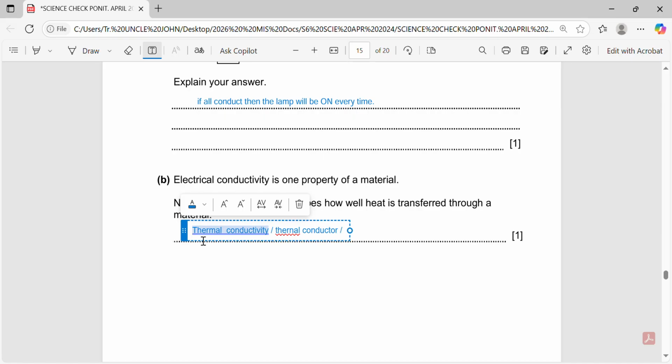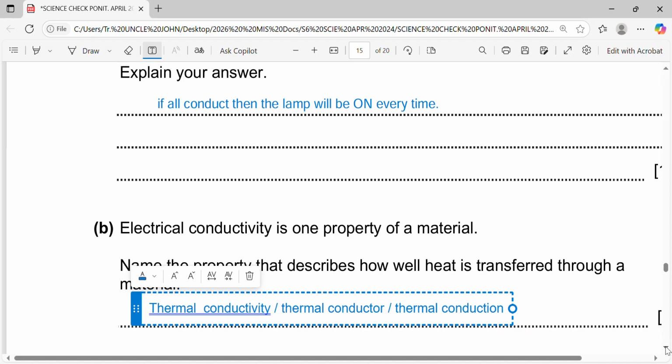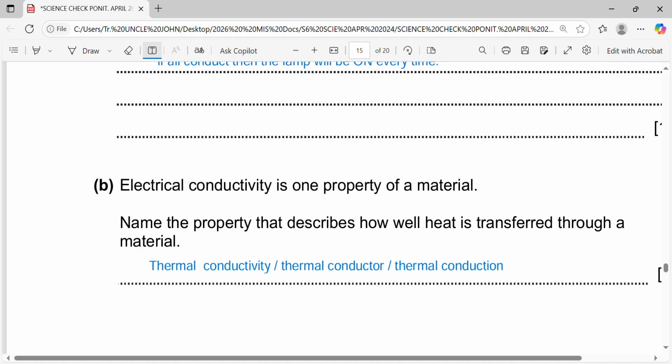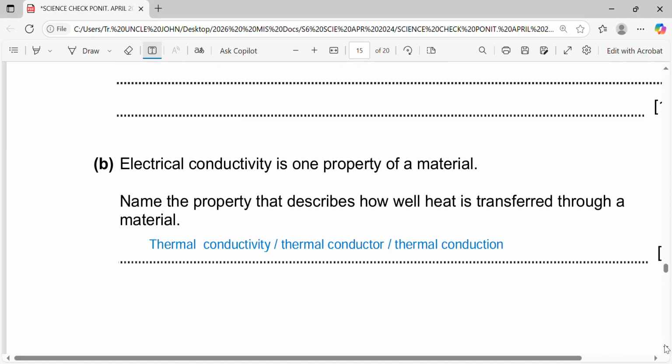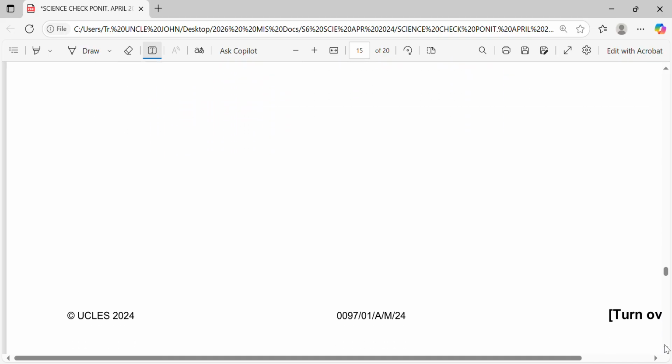You can even say thermal conduction. Thermal conductivity, thermal conductor, or thermal conduction.